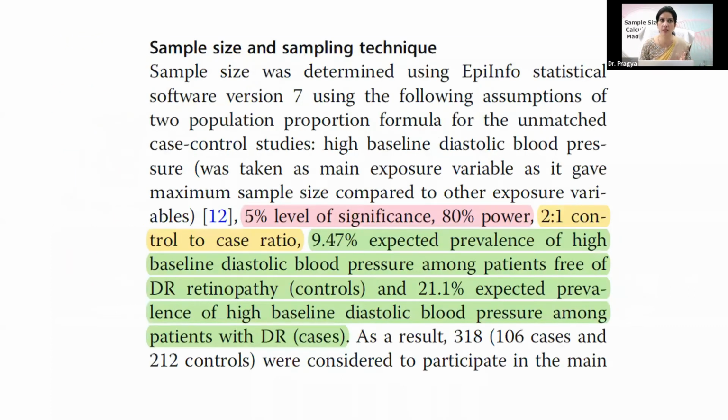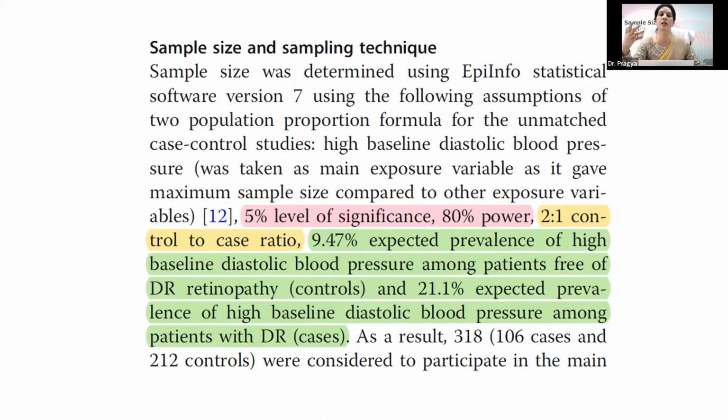So let's see which determinants this author is taking in the calculation of sample size, and which odds ratio to be taken. First see the sample size and sampling technique. I'm not focusing on which formula they have used, but they have taken high baseline diastolic blood pressure as the main exposure variable, as it gave the maximum sample size compared to the other exposure variables.